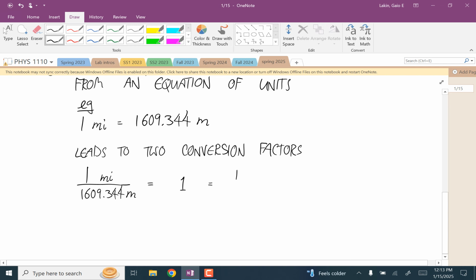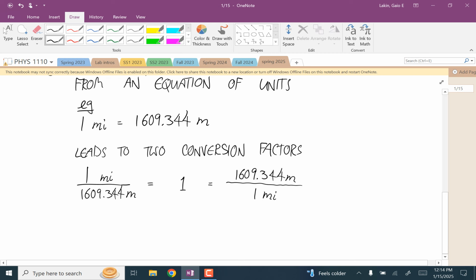And that's also equal to 1609.344 meters divided by 1 mile. Either one of these that you multiply to a value leaves the value the same. It's just something you can use to change the unit types, okay? Because what you're doing is multiplying by 1.